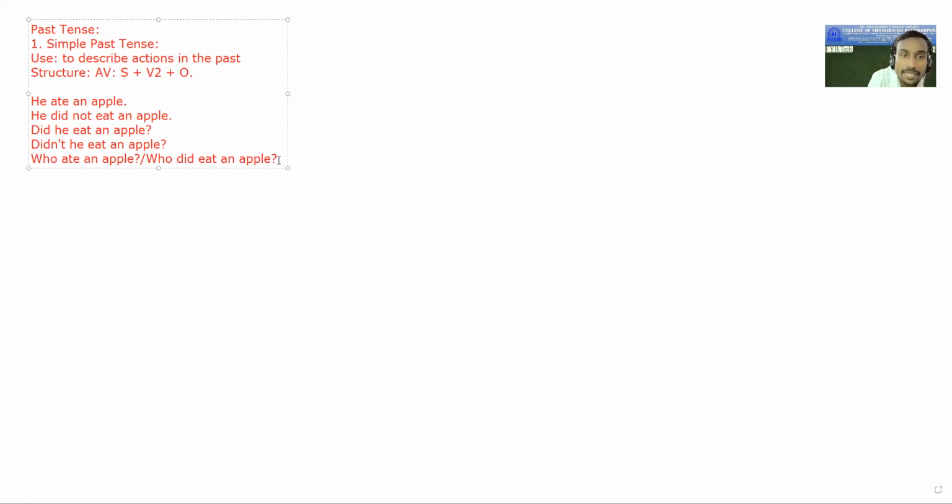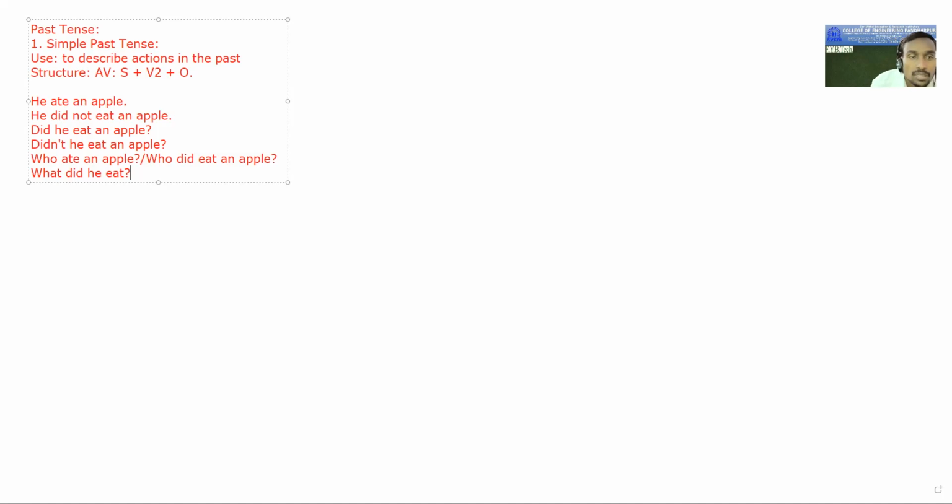Now if you want to get the answer "an apple", how can you make a WH question here? What did he eat? Yes, what did he eat? That became your WH question also. So you can try this also. I think that for present tense we did not go for WH questions, only verbal questions we discussed. But here you can understand this way and try to make WH questions also.